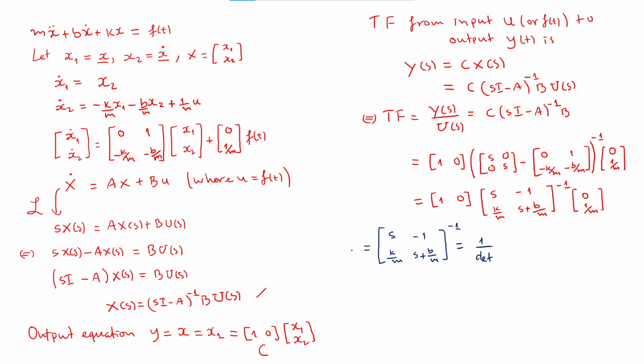Let's call this matrix M. So it is 1 over the determinant of M times its cofactor transpose, right?